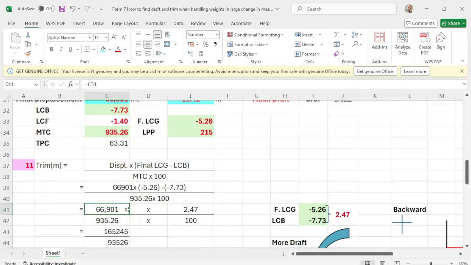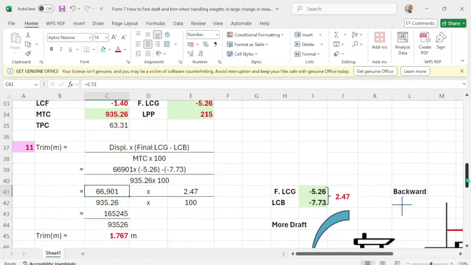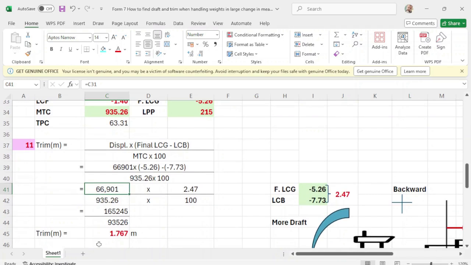And you multiply it with your displacement, that will be 16525. MTC times 100, that will be 9526. And your trim is 1.763.